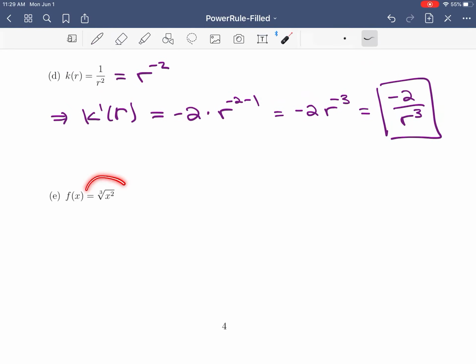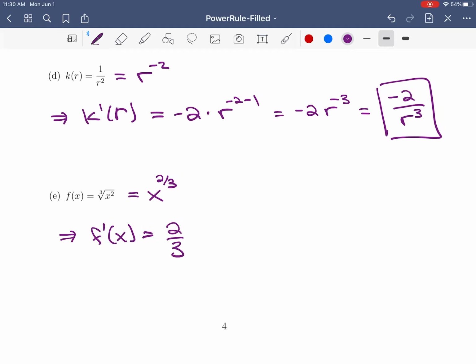Again, doesn't really look like a power of x. You might think we don't know how to compute this, but remember that the exponent rules tell us that this is actually x to the power 2/3 because we have a cube root of a square. So that is a power of x. So f prime of x, bring the power down, so 2/3 times x to the old power minus 1.